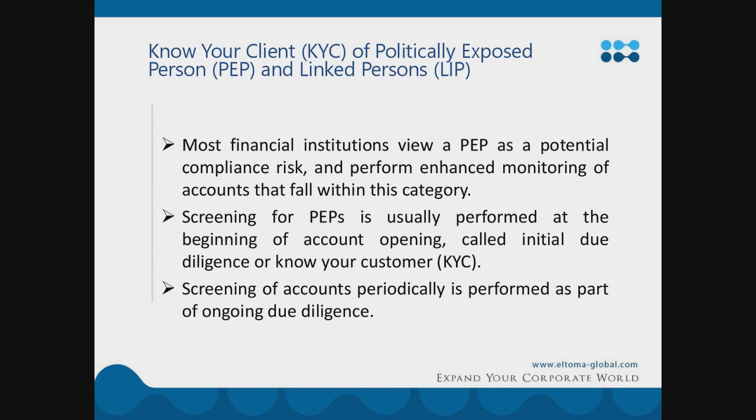Most financial institutions view PEPs as a potential compliance risk, as was mentioned before, because of their position, their influence on the government, and the situations they may be involved in, such as corruption and bribery.